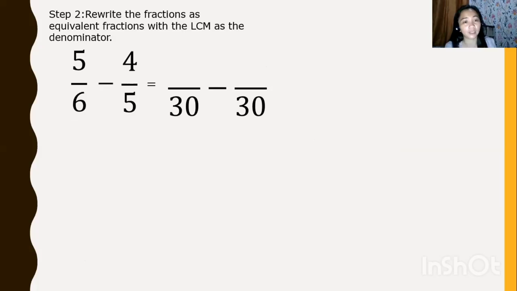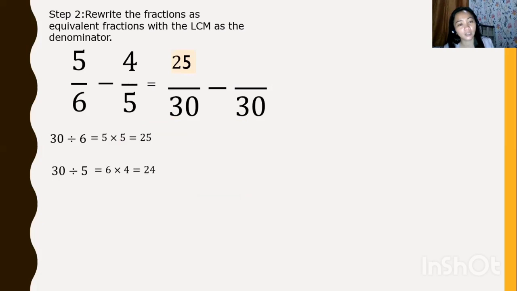The same as the process of addition of dissimilar fractions. We have 30 divided by 6 is 5, times 5 equals 25. And the second one is 30 divided by 5 is 6, times 4 equals 24.